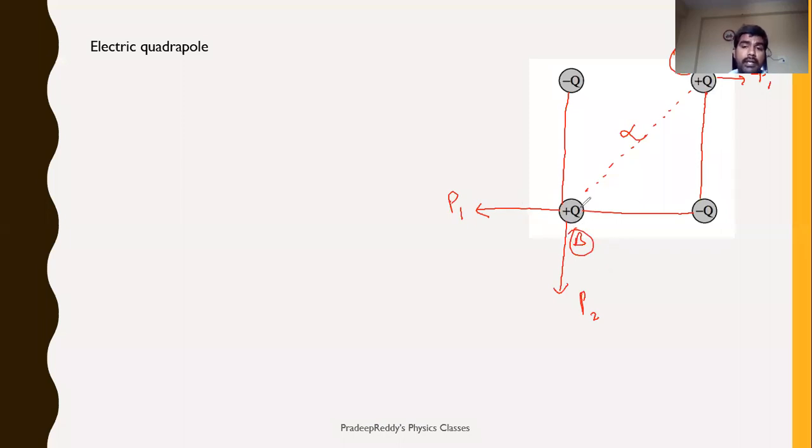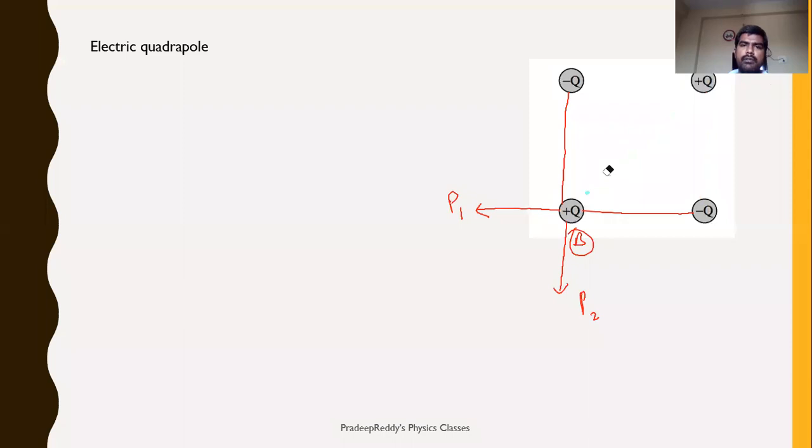Now you can find the net dipole moment taking reference as A or reference as B. So don't take A and B simultaneously and add them. That becomes wrong. So only one charge as the reference you take, right? So this one I am erasing because I am not taking it as the reference.